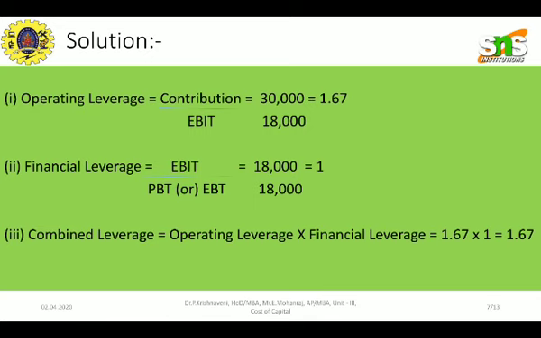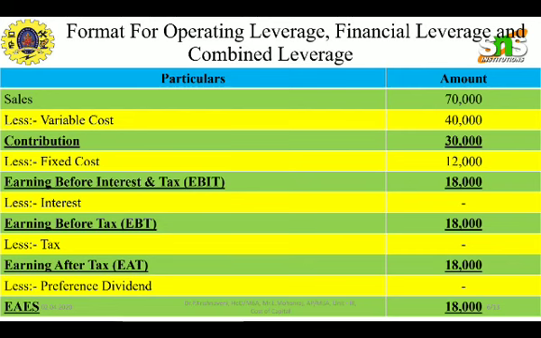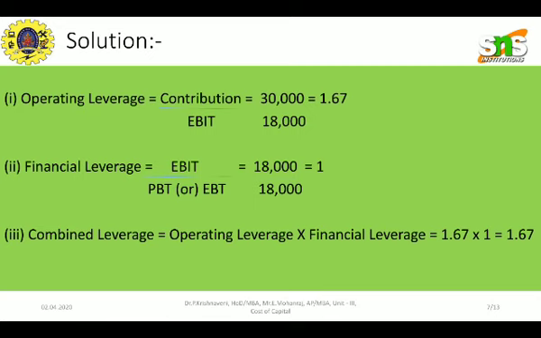Then we want to identify what EBT is. The EBT is also 18,000 because there is no interest. Then 18,000 divided by 18,000, the value is 1.